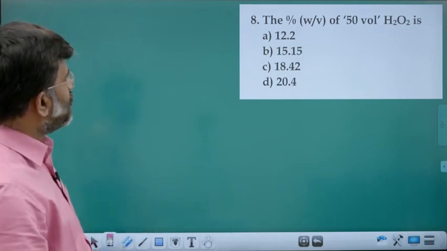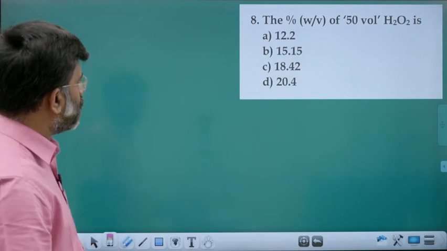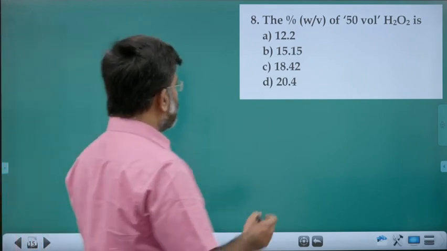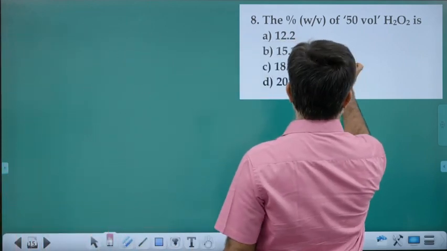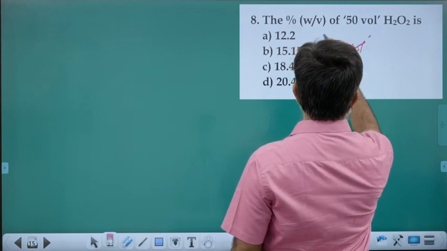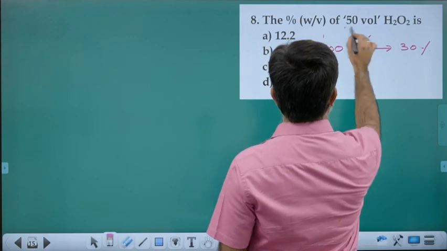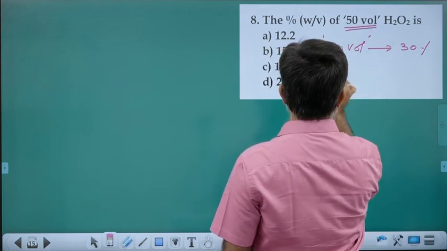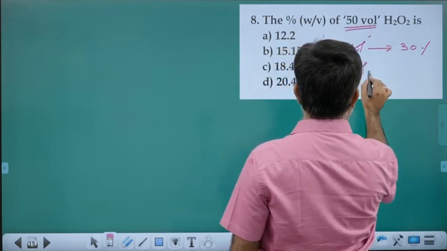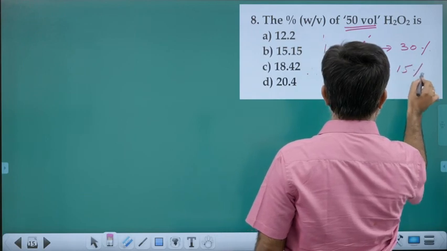What is the percentage of 50 volume H2O2? All of you remember 100 volume H2O2 is marketed as 30%. Therefore 50 volume will be 15%.